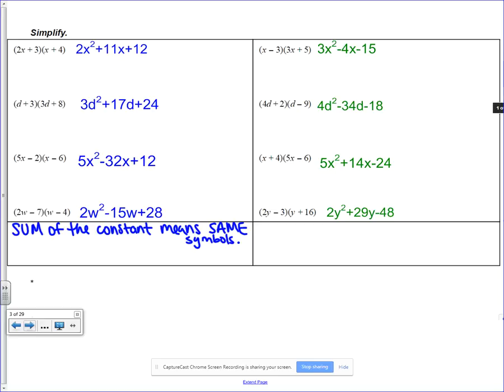What's the fancy math word that means subtract? Difference. So difference of the constant, finish the sentence please, means different symbols. Okay.